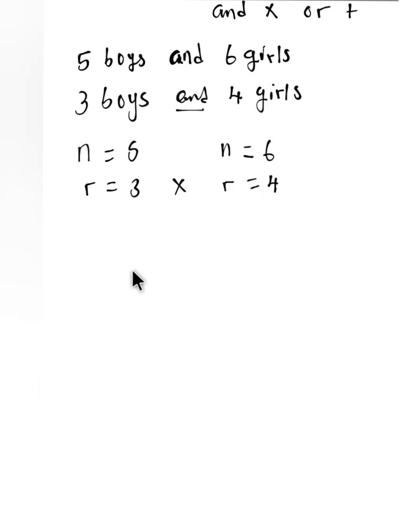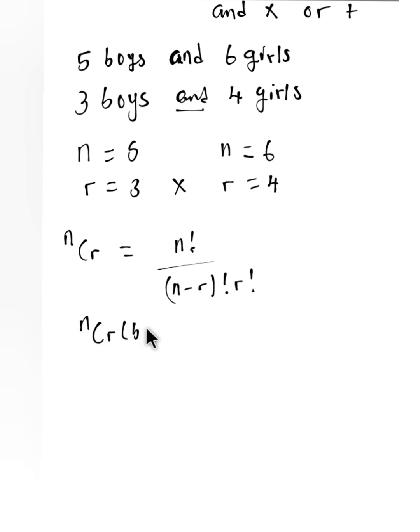So let's proceed. Now to get the number of committees, we make use of nCr, which is equal to n factorial all over n minus r factorial times r factorial. So we are going to multiply the number of committees of boys by the number of committees of girls.